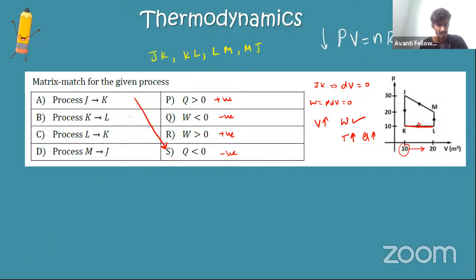Okay, so let me choose a different color to avoid confusion. So KL has positive heat and positive work. Why positive work? Volume increases. Why positive heat? Because when volume increases, temperature increases, heat increases. Am I clear? Why does this have two options? Am I clear to all of you? Students, is it clear?